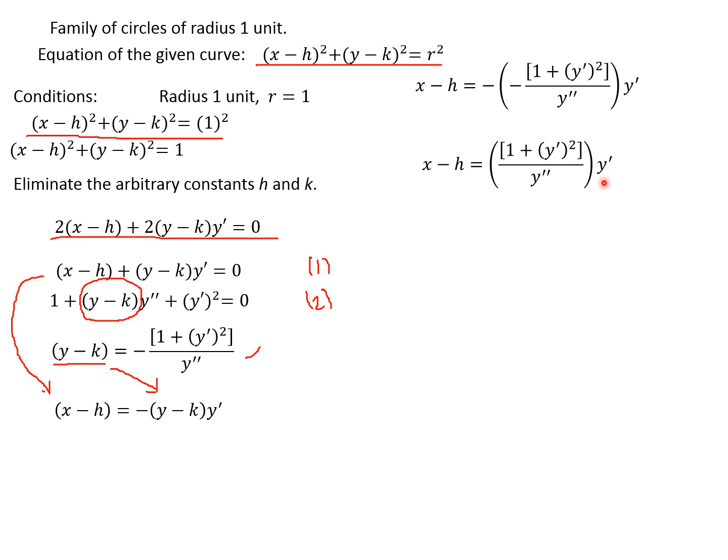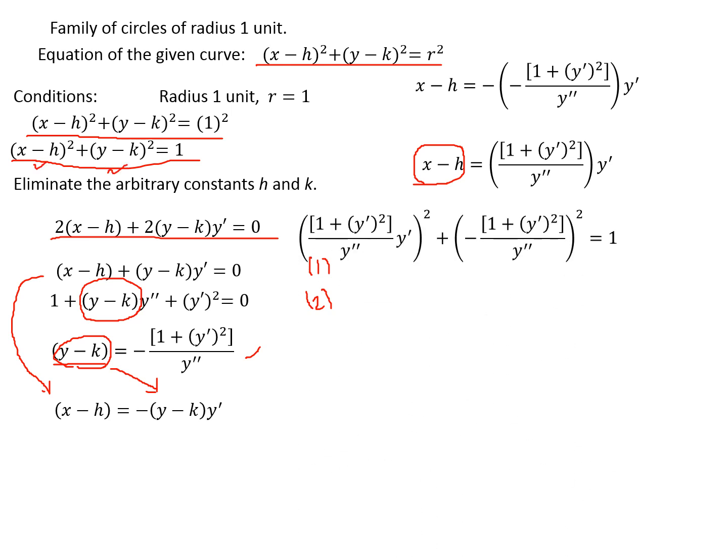is x minus h. Now you see I have values for x minus h and I have a value for y minus k there. So I'm going to use this equation again. I know x minus h, I know y minus k, and plug it there. You see that this value was plugged there.